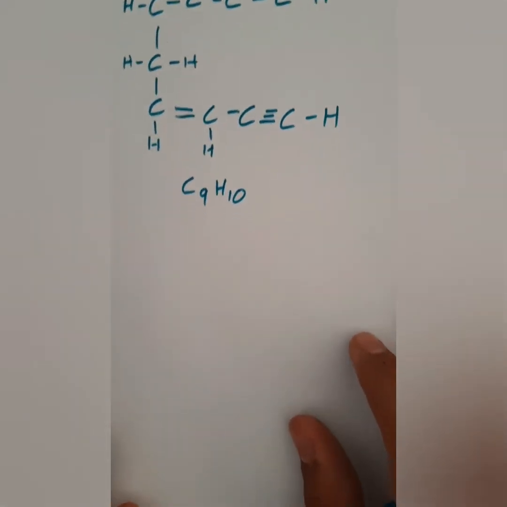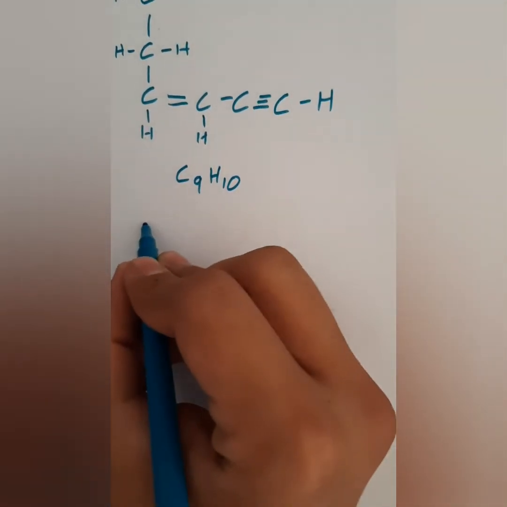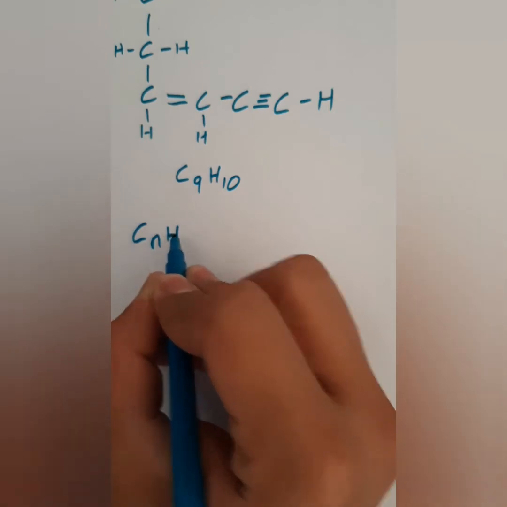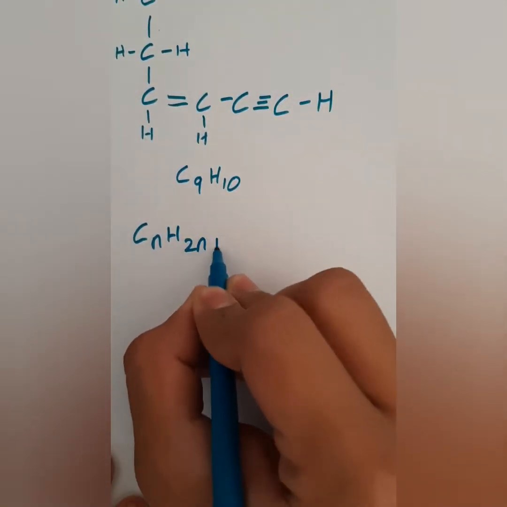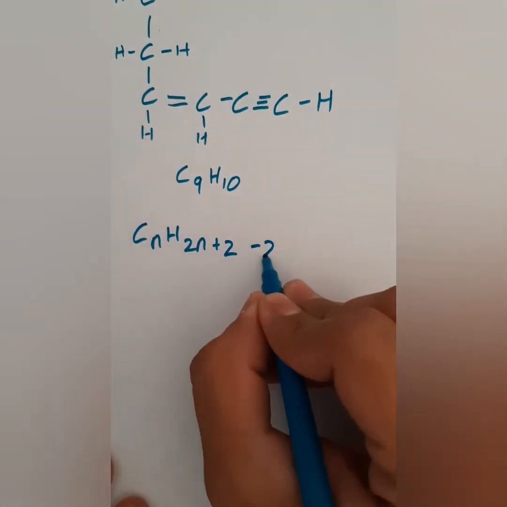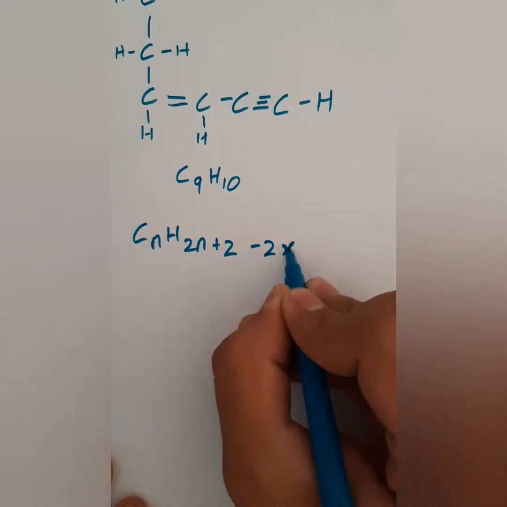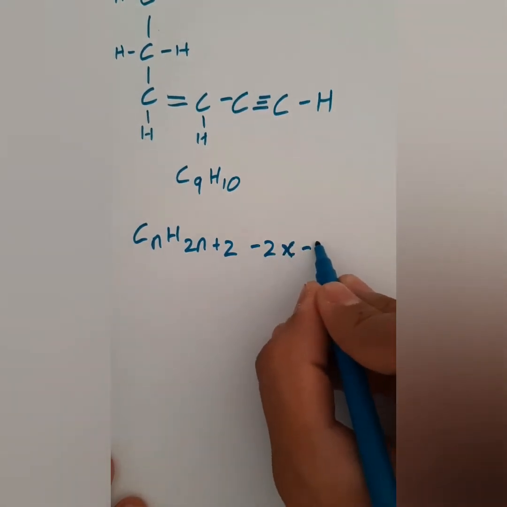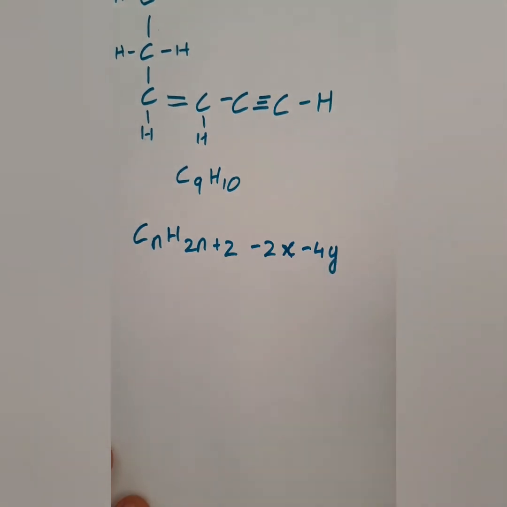And if you use the formula that I have given, it says CnH2n plus 2 minus 2 times the number of double bonds minus 4 times the number of triple bonds.